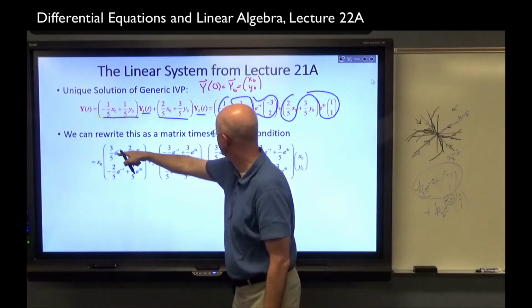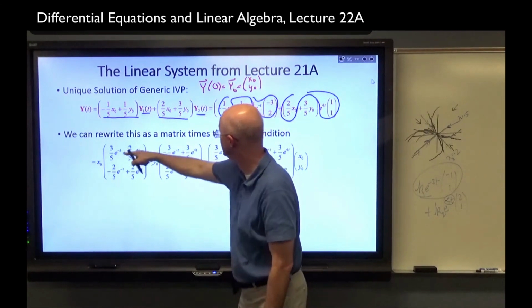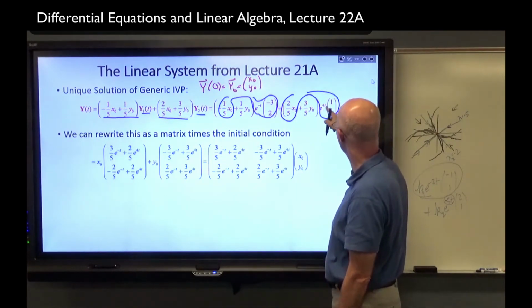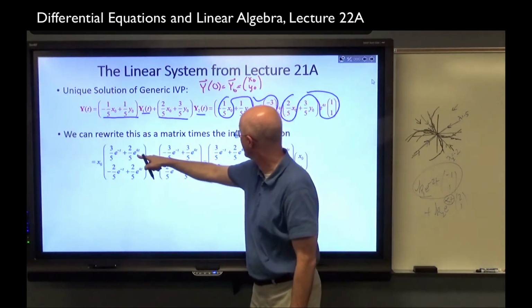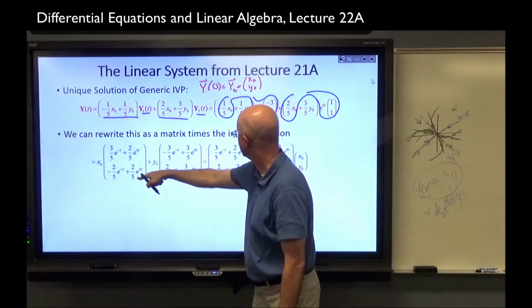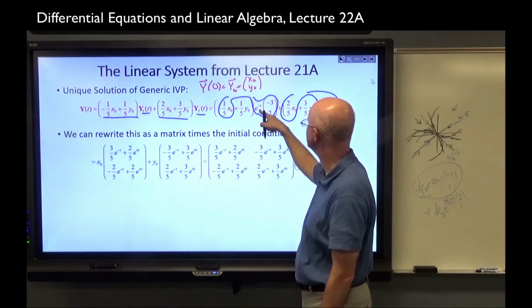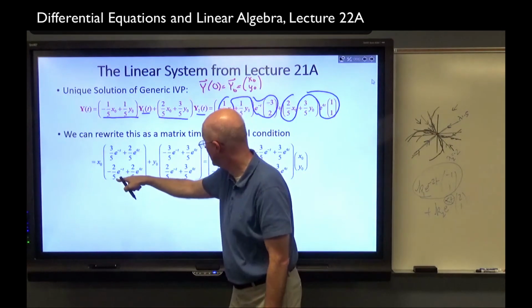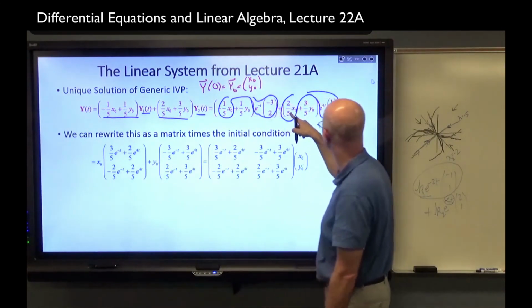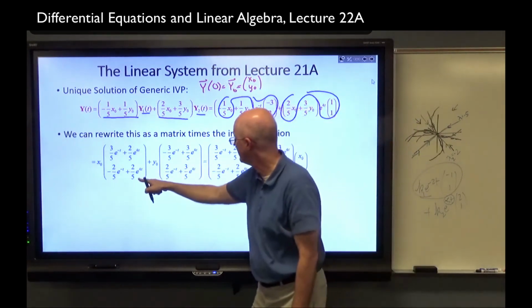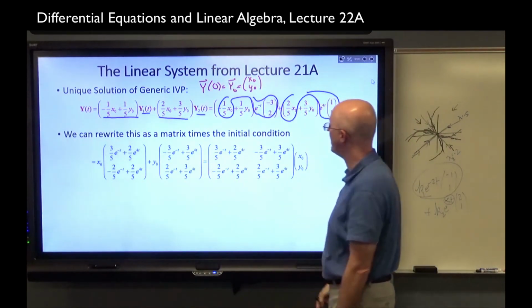That's where that positive 3/5 comes from. I have an e to the negative t as well. And 2/5 x0 times e to the 4t times 1 gives you that term right there. For the second component, I have a negative 1/5 times 2 times e to the negative t, which gives you negative 2/5 e to the negative t. And then also 2/5 x0 e to the 4t times 1 gives you this one. Do something similar with the y0s.